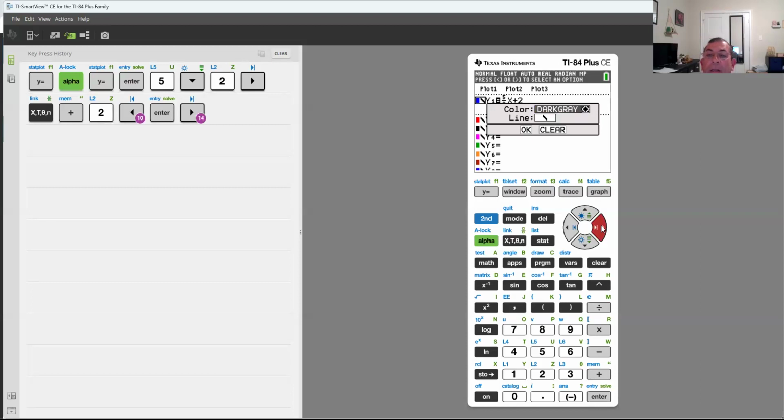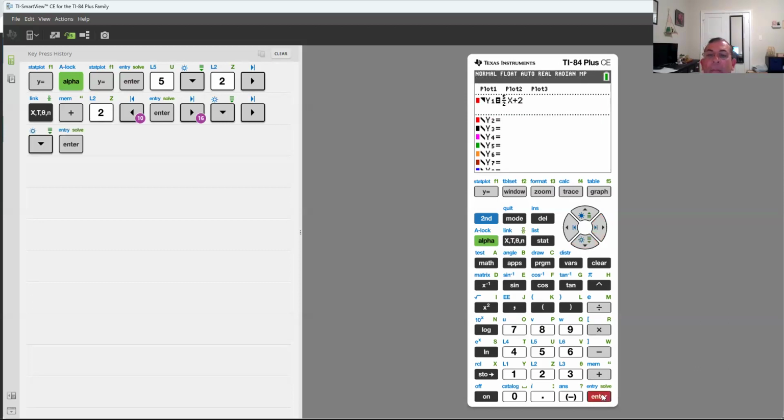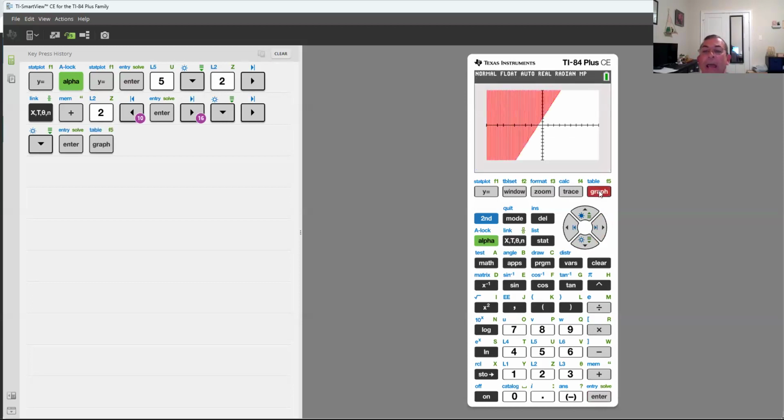So let me see. I'm going to shade in red. I would arrow down on the line and right click through it. There's my triangle above. So that's going to shade above. And then I'm going to hit OK. So now when I hit graph, it's going to graph it, but it'll shade it red for us.